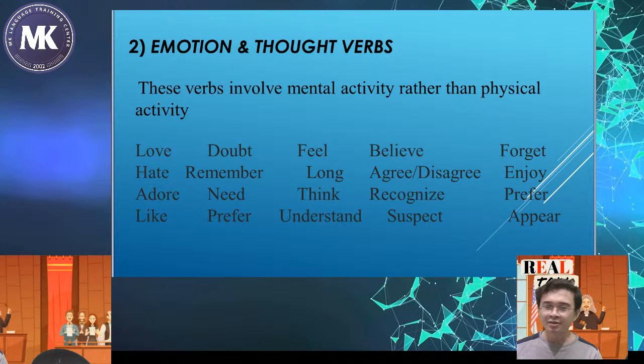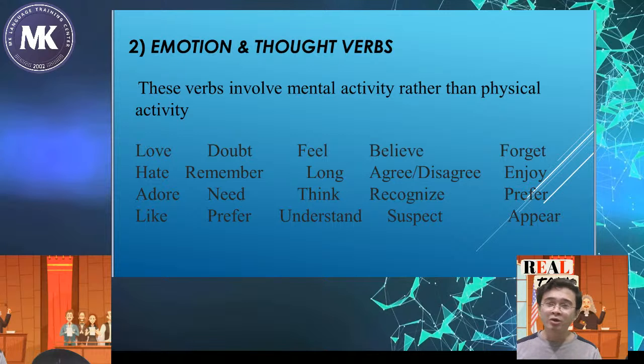think, understand, believe, agree or disagree, recognize, suspect, forget, enjoy, prefer here again, and appear. If you notice, most of these verbs are connected with our mental activity or our mental state.